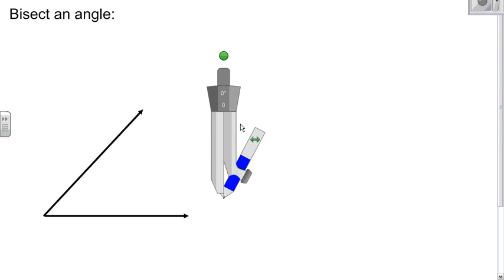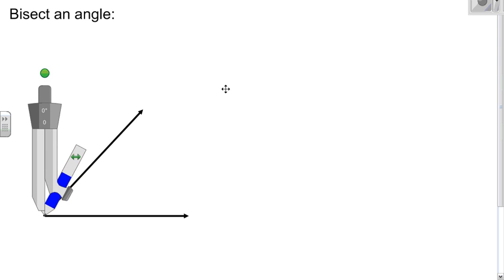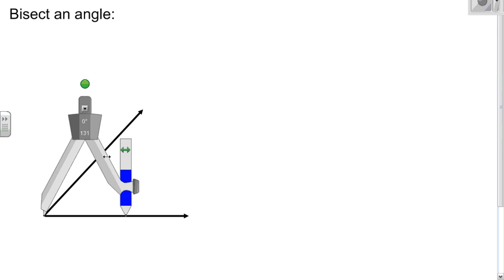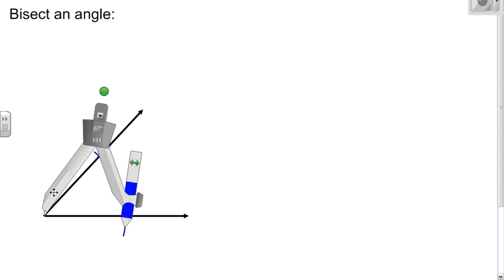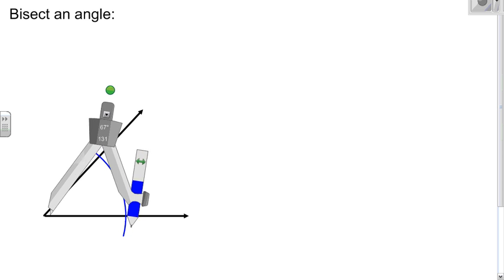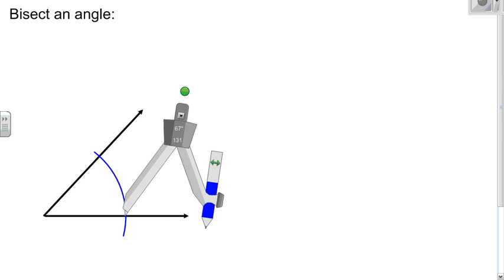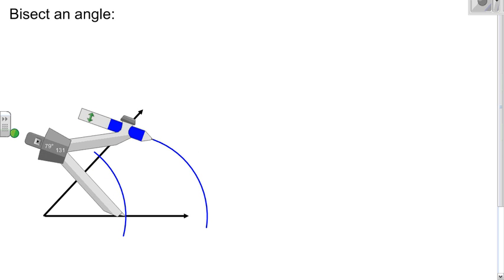The process for drawing a bisector for an angle is the same as copying an angle. Put the tip on the vertex, go out some arbitrary distance, and make a curve. Then you can keep that distance that you have spaced out on your compass, but now put the tip of the compass on the intersection of the arc with the angle and make another arc.